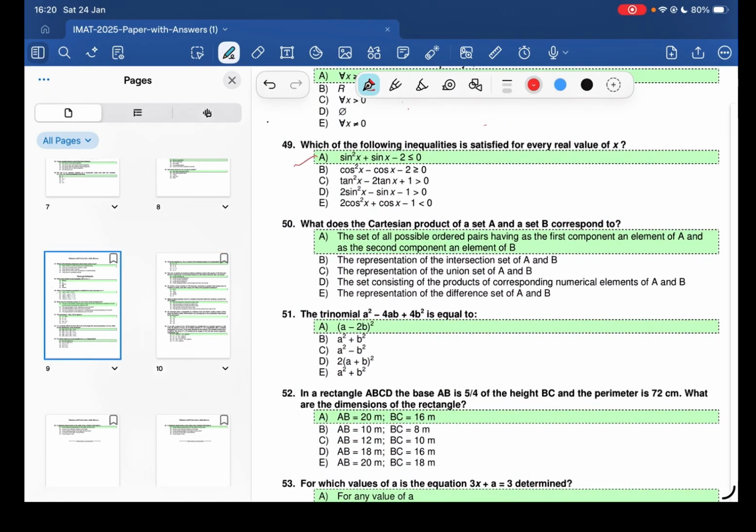the next question is: what does the Cartesian product of set A and set B correspond to? It's a very interesting question. We have to look at 3 specific rules that define a Cartesian product.